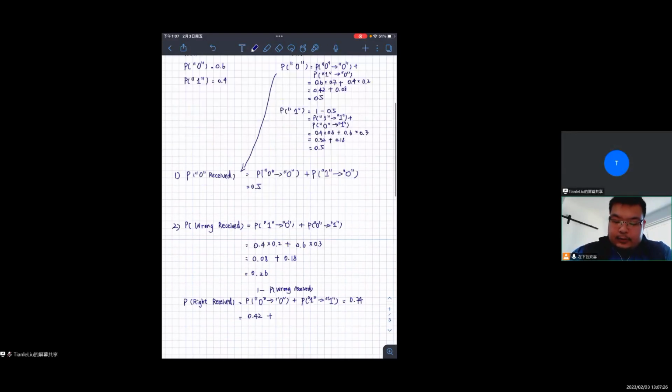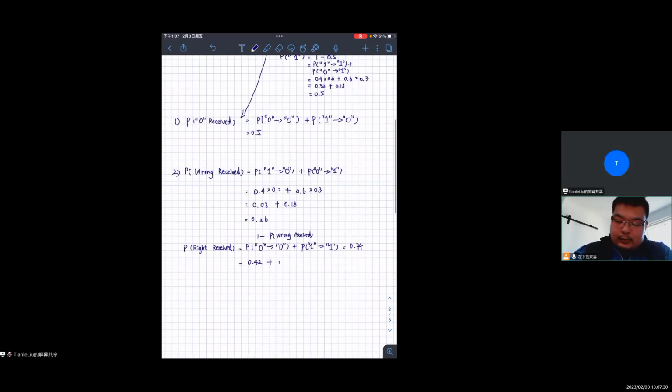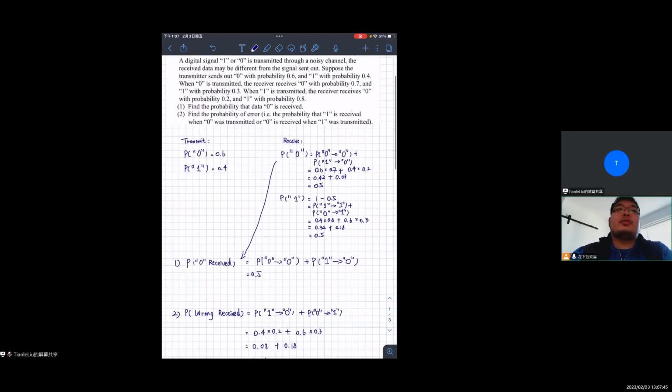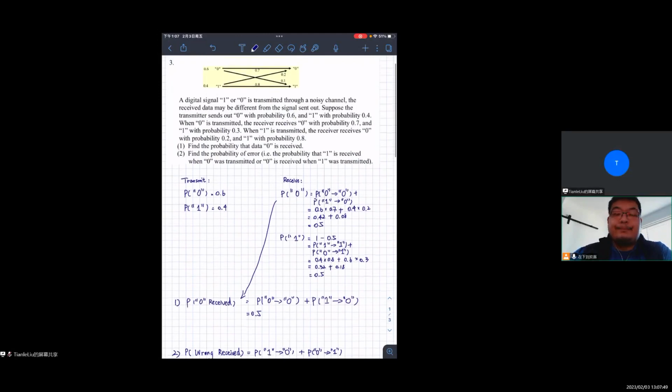The probability of 0 to 0 and 1 to 1 is, yes, that's correct. So it's a good use of the property of probability. And that's all for my understanding and answers for problem 3 in homework 1. Thank you.